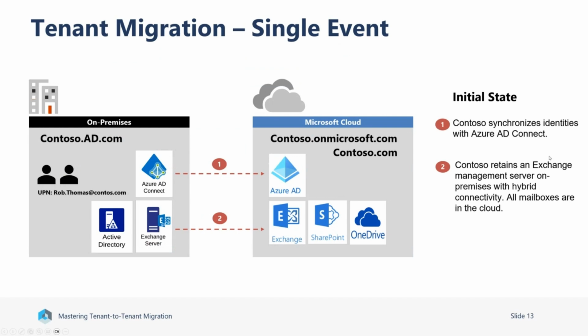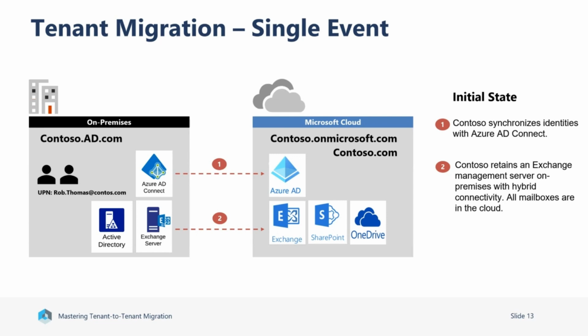Okay, so once you've decided on the event, the next part is actually running through that migration. In this example, we've picked the single event migration because it's by far the most common scenario when we're working with customers. On the screen here, you can see that we've got a source tenancy or organization, Contoso.com. They have an on-premise environment and a Microsoft 365 cloud environment.